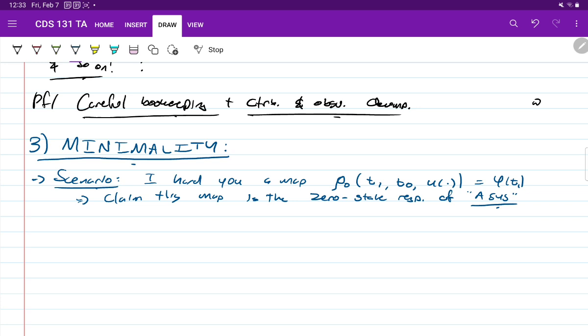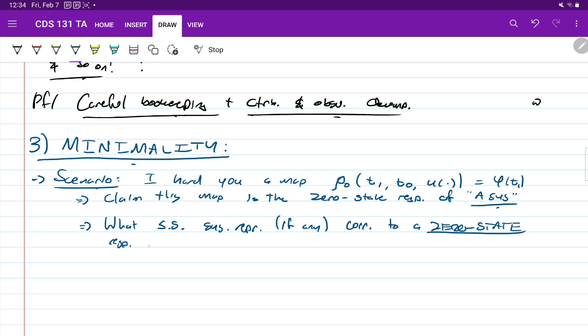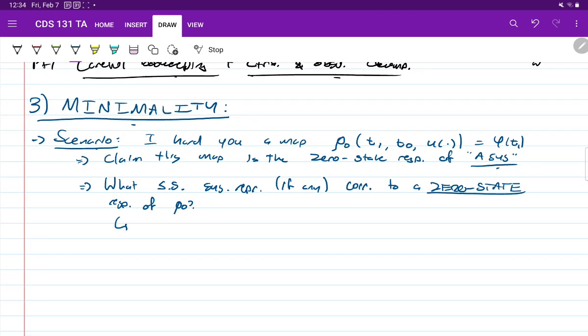All right? Now what I want you to do is figure out what state space system corresponds to this map, okay? So what state space system representation, if any, corresponds to a zero-state response of rho naught, right? And a couple of questions might initially jump to mind.